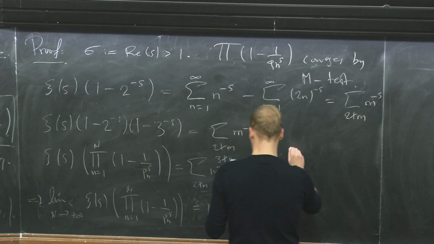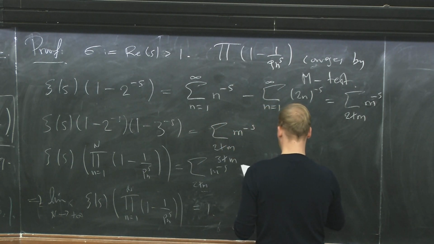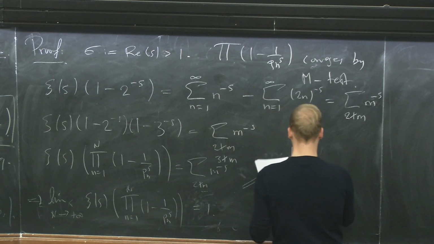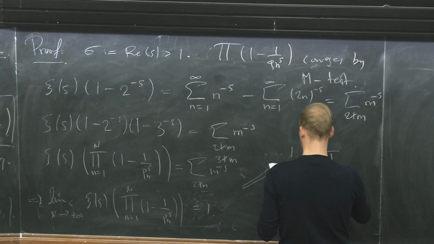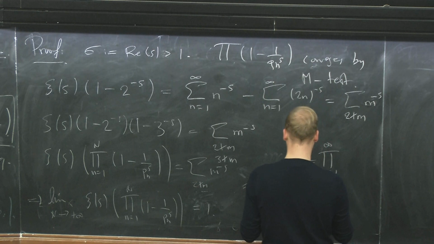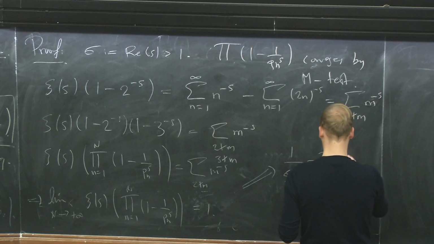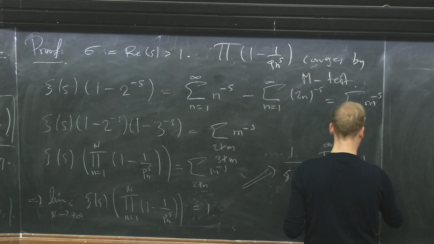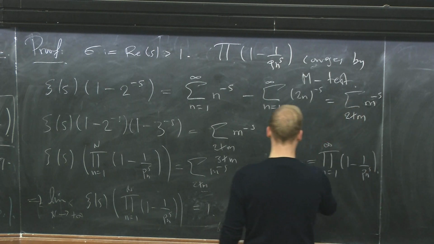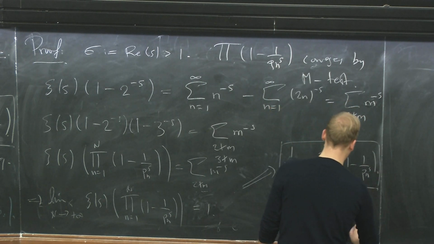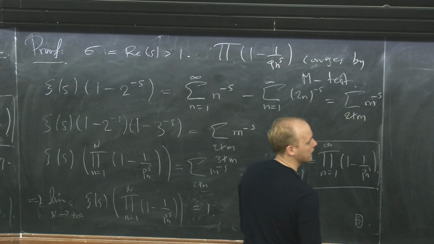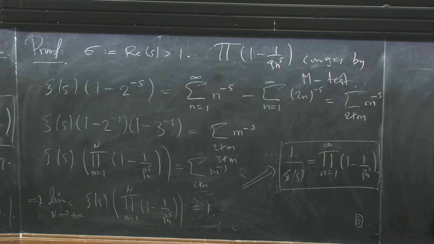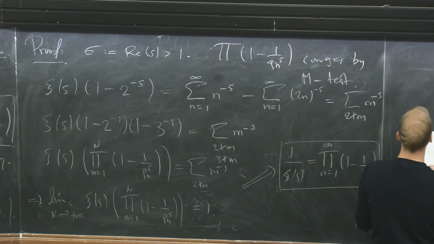And this will imply that 1 over zeta of s is actually equal to the limit of this thing, which is what we wanted to prove. Okay. That was very quick, but that's how it is, because despite starting early, I am late.